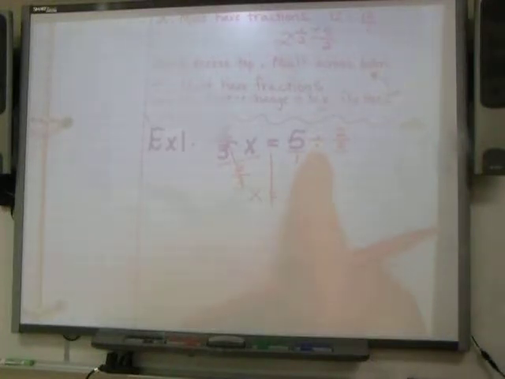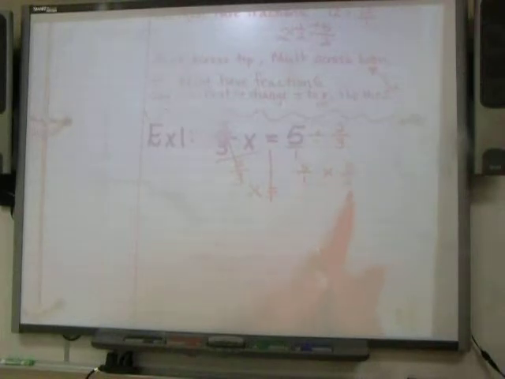Now my dividing fractions up here says, I copy the first one, I change the division to multiply, and I flip the second one. It's at this point, if anything inside can be reduced, I reduce it, but it can't. So now I just multiply across top. 5 times 3 is 15. 1 times 2 is 2. So 15/2 is the answer.